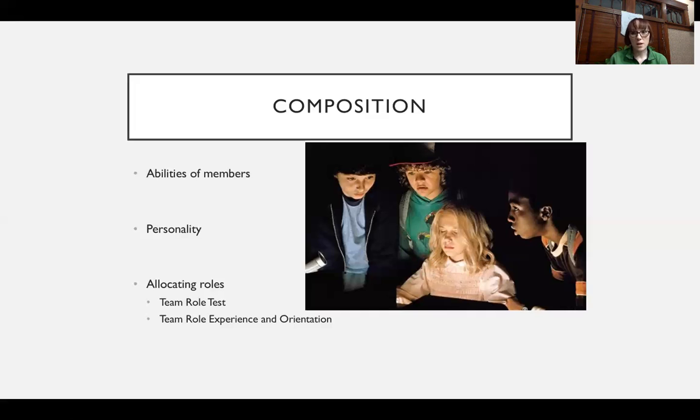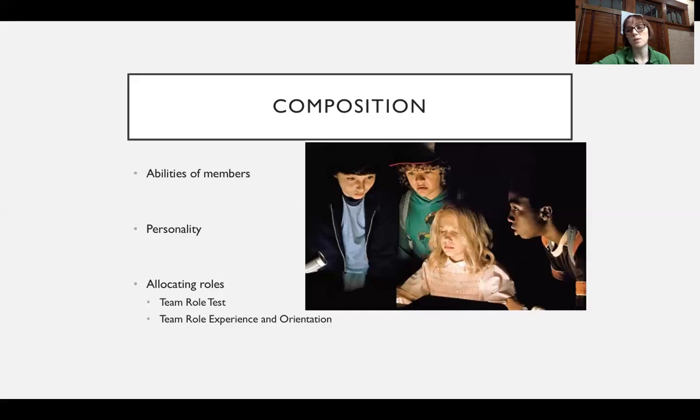Researchers have also looked at the perception of roles. So we've looked at the team role test to help us understand whether team members know which roles their fellow team members occupy, and whether they understand what those roles entail. I think we will revisit this when we talk about mental models as well, because this actually represents a type of mental model.